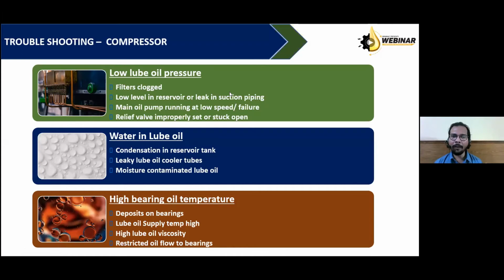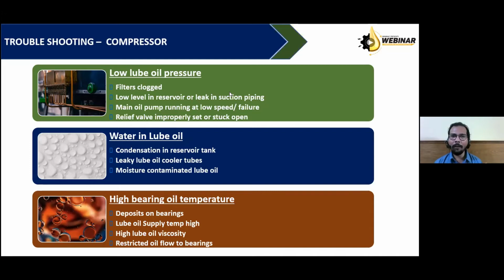When we compress the gas, temperature will certainly go high, and that high temperature will heat the compressor shaft, and that shaft is directly linked with the bearing, or the bearing is mounted over the shaft.